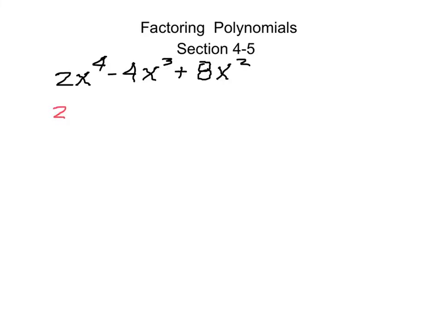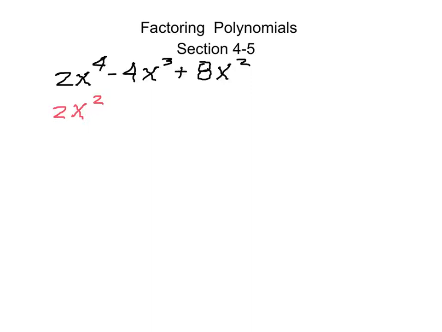Now I'm going to look at the x values. I've got x to the fourth, x to the third, x squared. Greatest common factor is going to be x squared. So my GCF for this whole expression is going to be 2x squared. Now, I'm going to factor that out of our original expression.